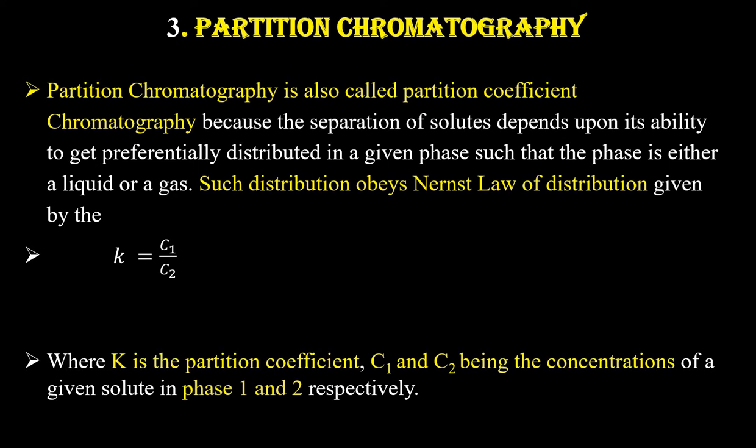Such distribution obeys Nernst's law of distribution given by the equation K equals C1 divided by C2, where K is the partition coefficient and C1 and C2 are the concentrations of the given solute in phase 1 and phase 2 respectively.